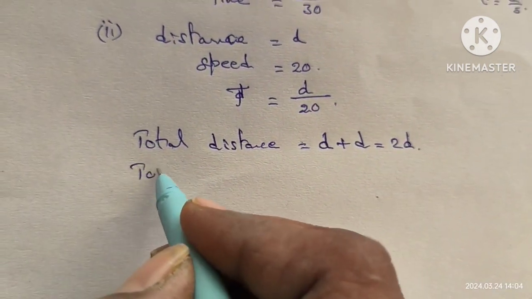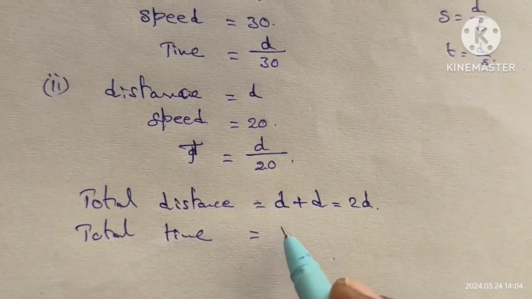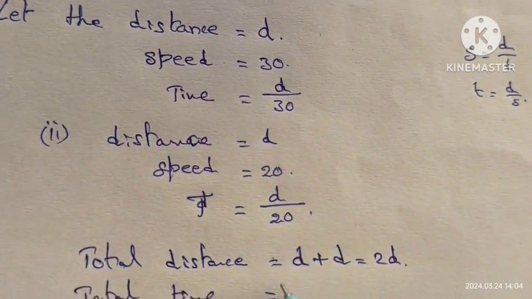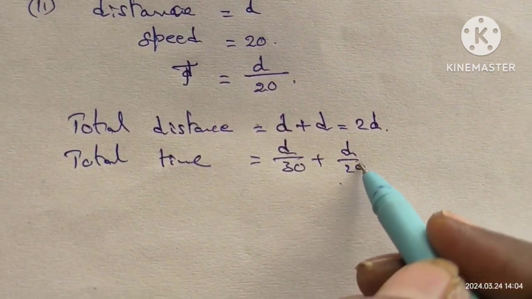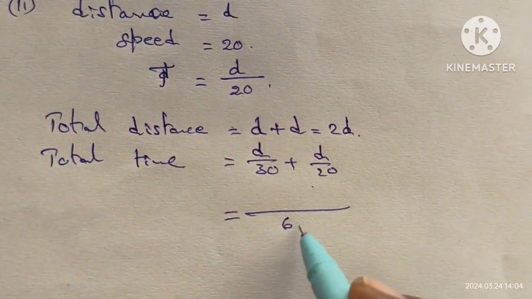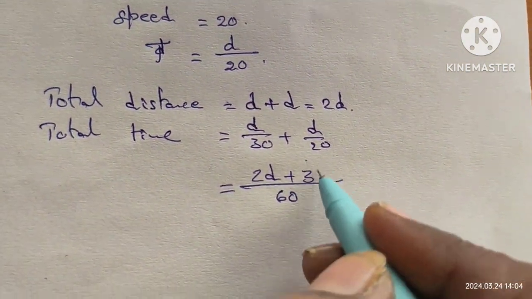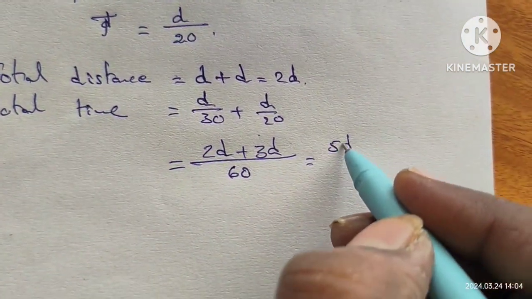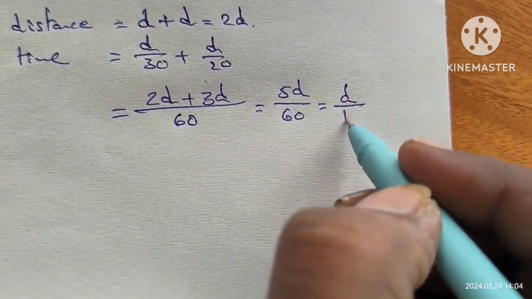And total time: first time is d by 30 and second one is d by 20. Taking the LCM, it is 60. So 2d plus 3d equals 5d by 60, means d by 12.